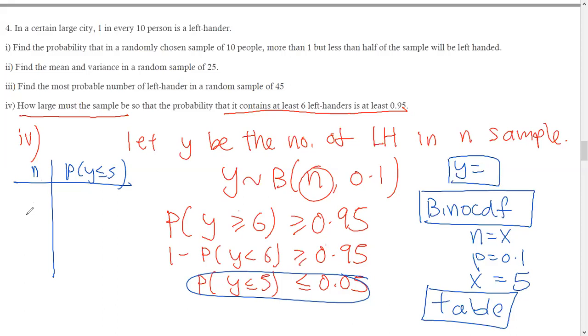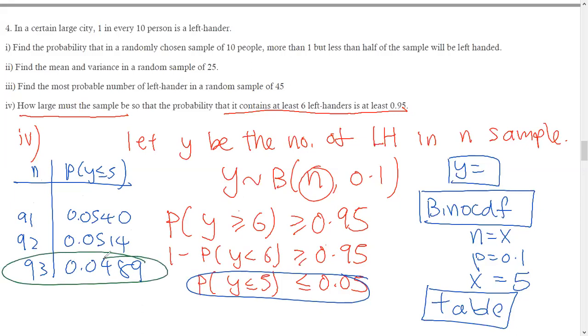I'll show 91, 92, and 93. 91 will be 0.0540. 92 will be 0.0514. 93 is 0.0489. What this indicates is that when n is chosen to be 93, your probability of Y less than or equals to 5 falls below 0.05. Therefore, the answer we need is n equals 93.